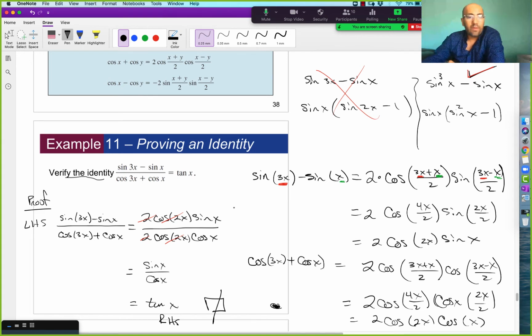Good. When these get larger, you're going to have to organize your work. It might be that this question, figuring out how to simplify the numerator, only took us 1, 2, 3 lines, not too bad. But as they get more complicated, it might be that the numerator takes 8 lines, 10 lines, right? It might be a long, long, complicated thing we need to figure out. And same thing with the denominator.